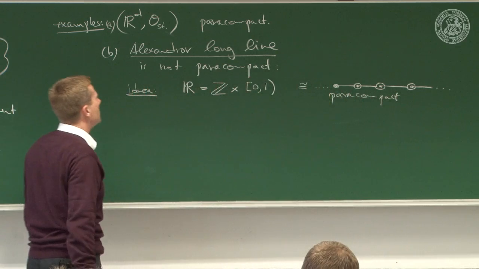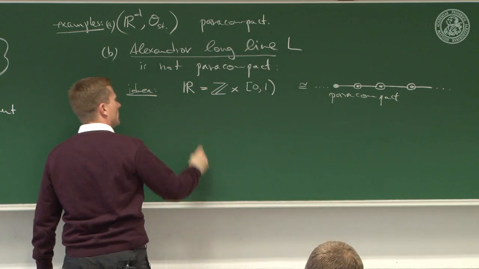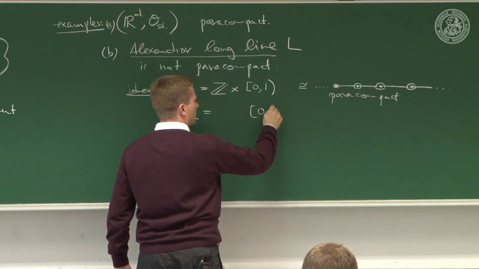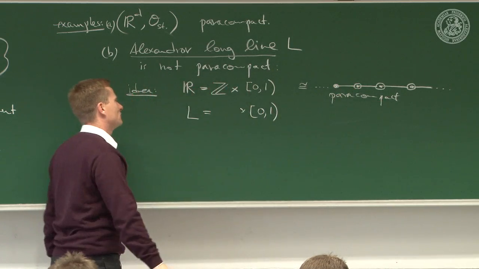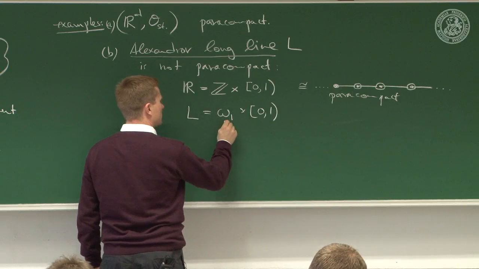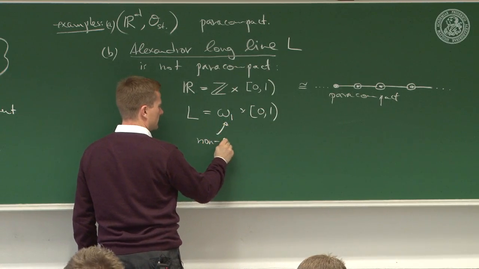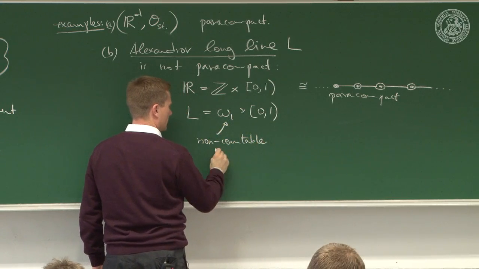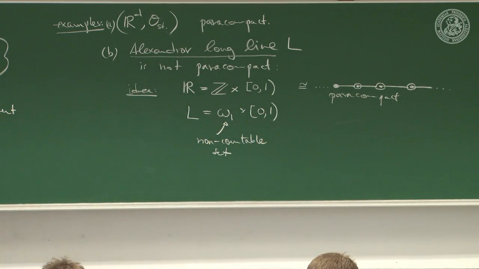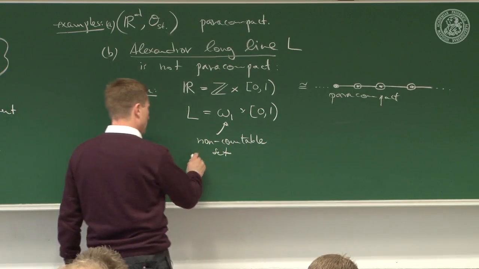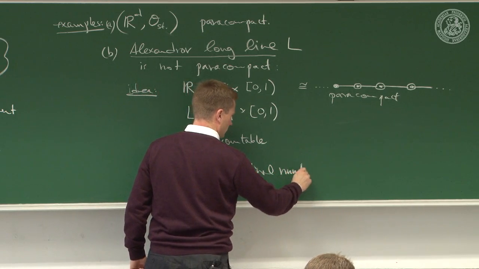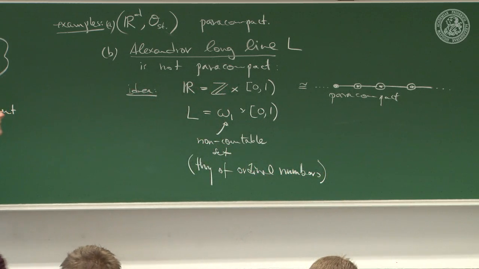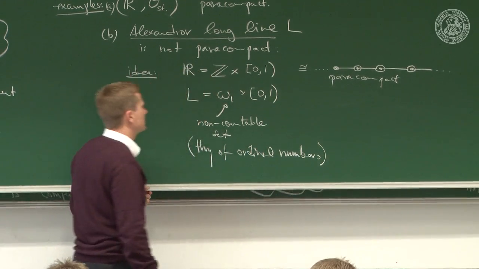So the idea of the long line, let's call it L, the long line is now taking this interval, but not taking it countably often to get the reals, but taking it uncountably often. So this is a non-countable set. And this is from the theory of ordinal numbers. That's the smallest such ordinal number that's not finite.